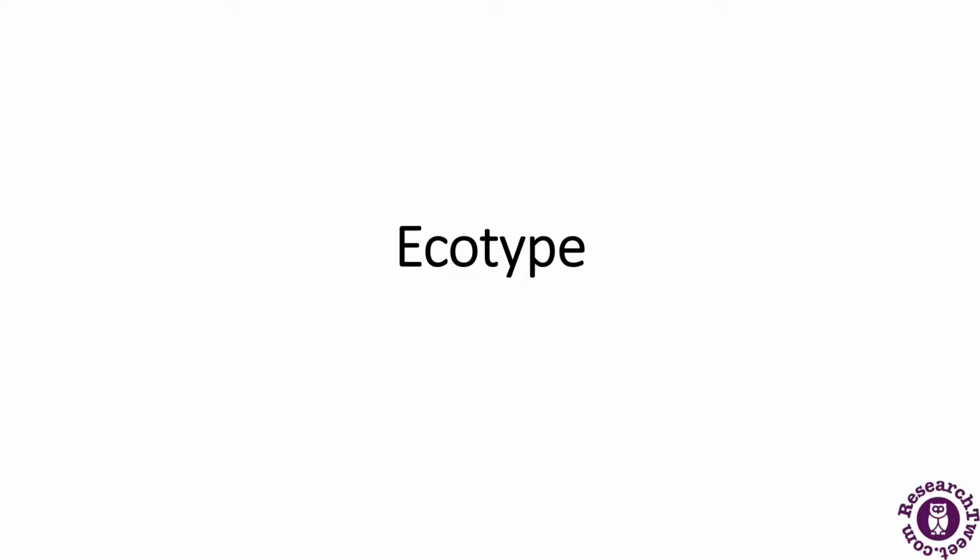Hello everyone. The next topic we will be discussing here is the ecotype. In evolutionary ecology, an ecotype, sometimes called an ecospecies, describes a genetically distinct geographic variety, population or race within a species, which is genotypically adapted to specific environmental conditions.